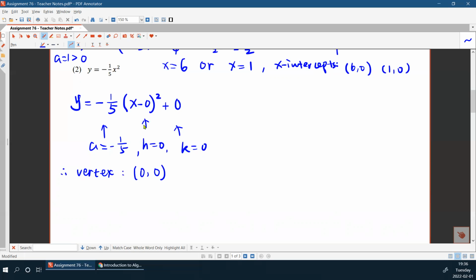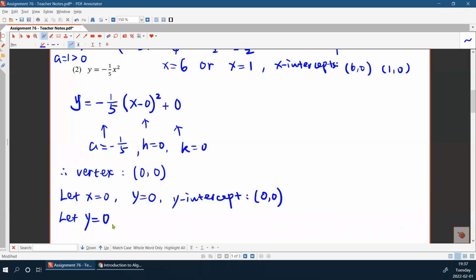And next, we need to find its x-intercept and y-intercept. So let's find the y-intercept first. That means let x be 0 to solve for y, right? And if x is 0, if you put it in the original expression, apparently y is also 0. That means the y-intercept is 0, 0. And in order to find its x-intercept, we can let y be 0, right?